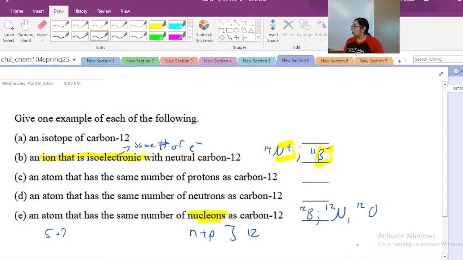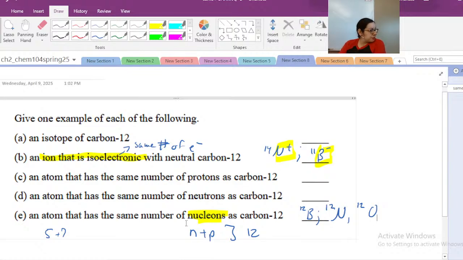You can go crazy with this, and there are different answers. I think that tends to be the confusing part of the homework, just defining isoelectronic and nucleons. But of course, if you have other questions, we can go over them.